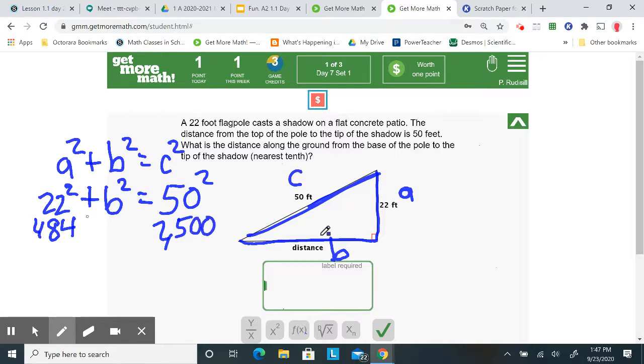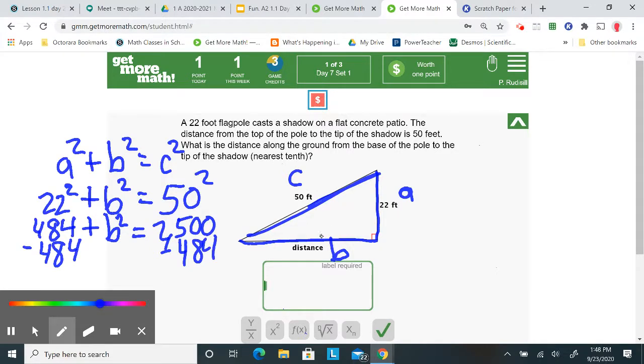You still have your B squared. And remember, in an equation, your goal is to get the variable by itself. So we're going to have to subtract 484 from both sides. So do that in your calculator real quick, and we'll be right back.